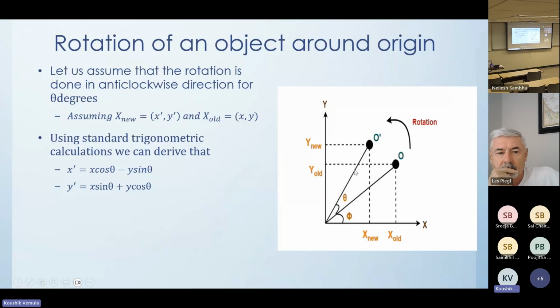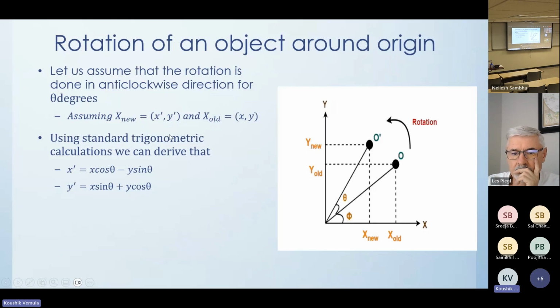We can use trigonometric equations. If we draw a circle like this, we can consider the radius as r. Then we get the coordinates of O as r cos theta comma r sin theta, and O dash as r cos (theta plus phi) comma r sin (theta plus phi).